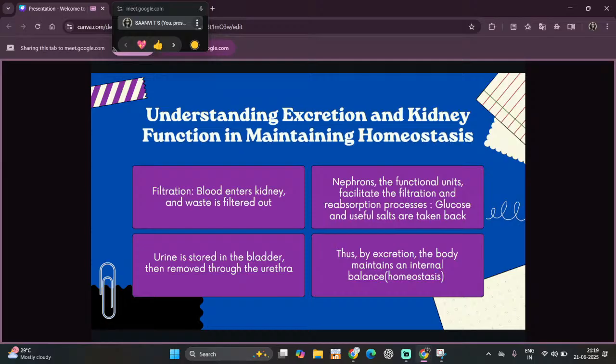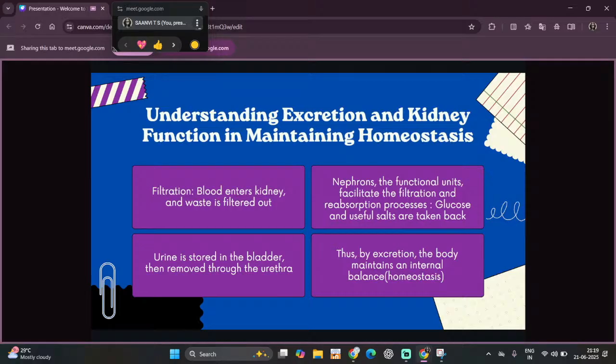One of the major organs involved in this is the kidney. One of its major functions is filtration. Blood enters the kidney and waste is filtered out, and the urine is then stored in the bladder, which is then removed through the urethra.